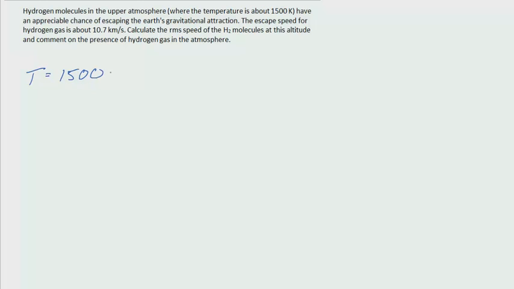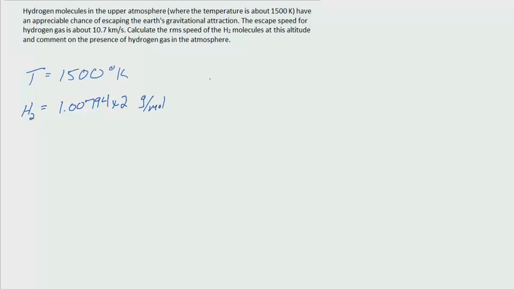If we look at the information we're given, our temperature is about 1500 Kelvin, and the molar mass of a hydrogen atom is 1.00794. Since we have two atoms, we multiply that by 2 to get hydrogen's grams per mole, which is its molar mass.